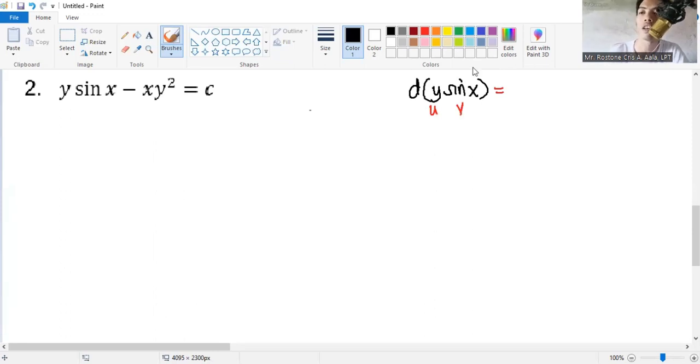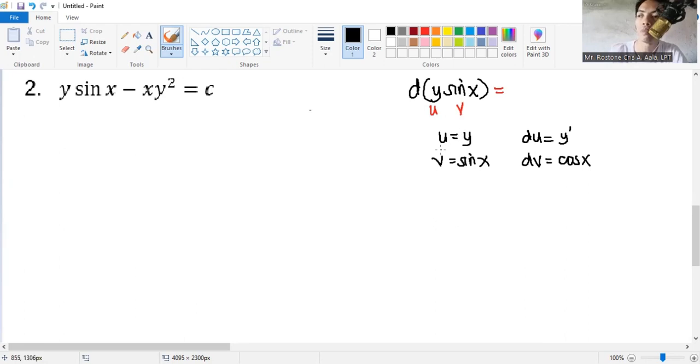That is u dv plus v du. So in this case, our u is y and our v is sine x. So ang du natin is equal to derivative ng y, which is y prime. And then our dv o derivative ng sine x, that is cosine x. So ilalagay lang natin sa formula, that is u dv plus v du.